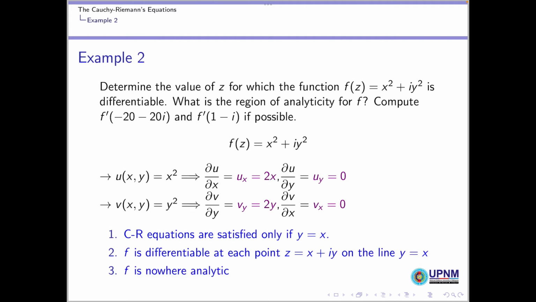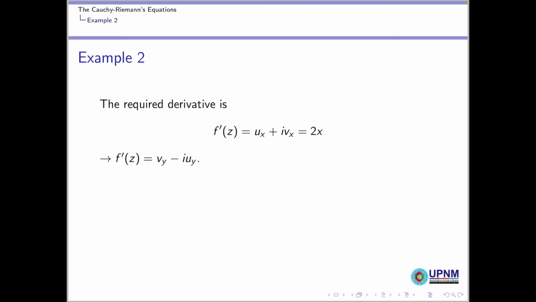Therefore, f is nowhere analytic. So the required derivative is f'(z) equals u_x plus i v_x, which equals 2x. We can also get f'(z) from v_y minus i u_y.